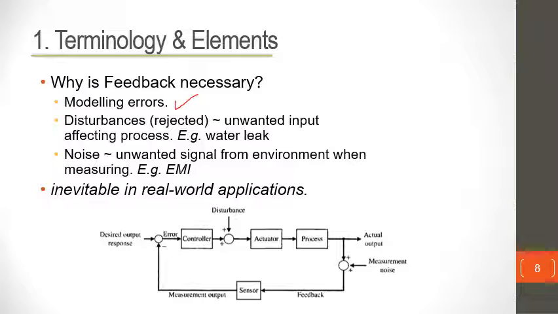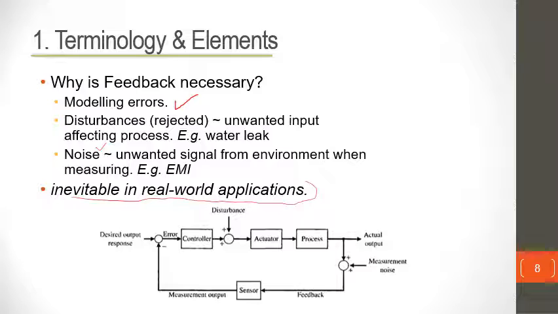The second reason why we might want to have feedback is because we want to deal with disturbances. The third is because we want to deal with measurement noise. So as you will see, these three issues are inevitable in real-world applications of control systems. In order to deal with these three main issues, we need a feedback system.